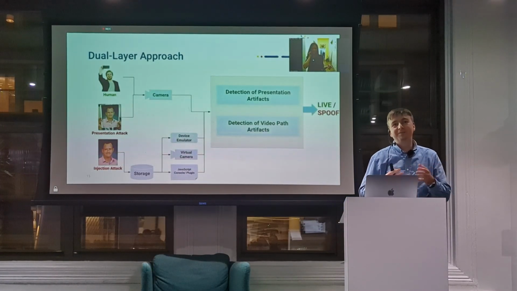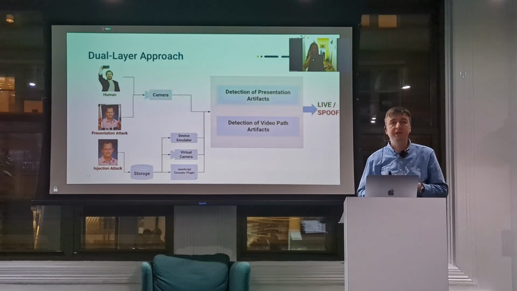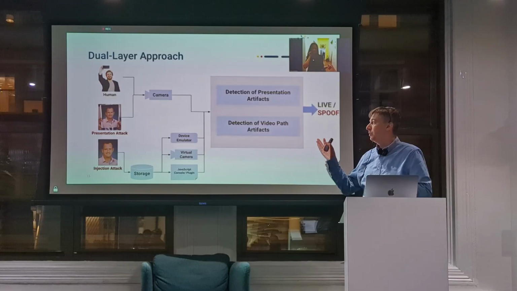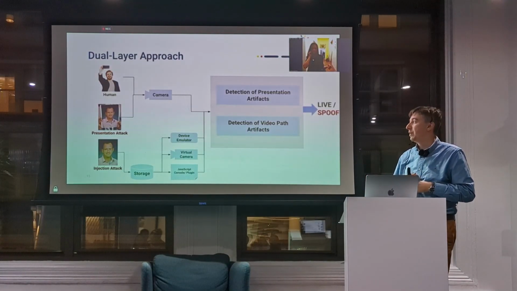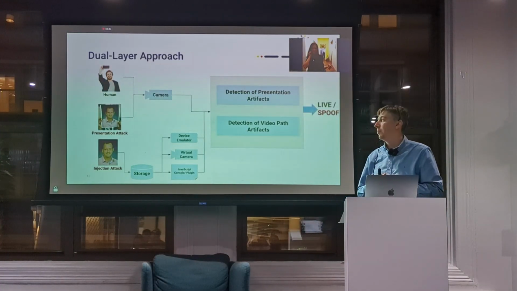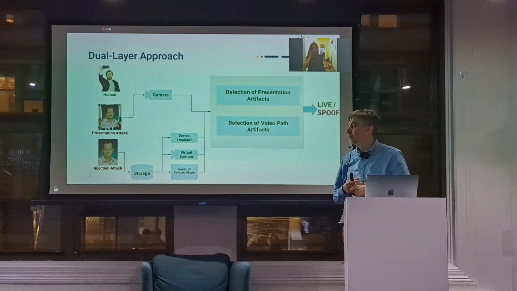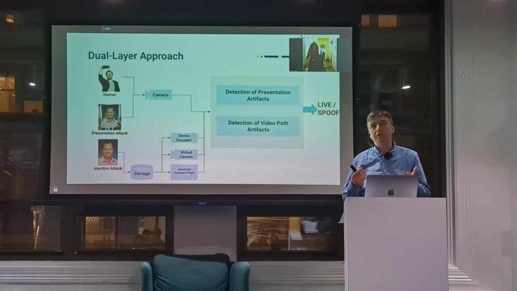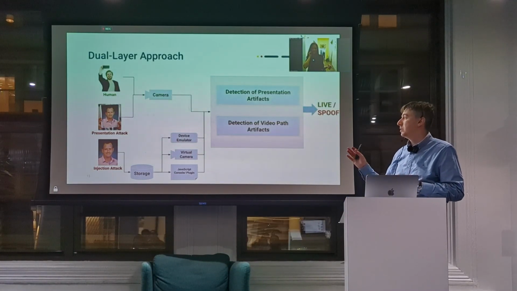And now I'd like to share the so-called dual layer approach that we implemented for these purposes. There could be different cases presented to the camera. The good case is a real human making a real selfie to the camera. The bad case is a presentation attack. Another bad case is injection of a stolen image or generated image or whatever third-party image of a third-party person presented to the system.